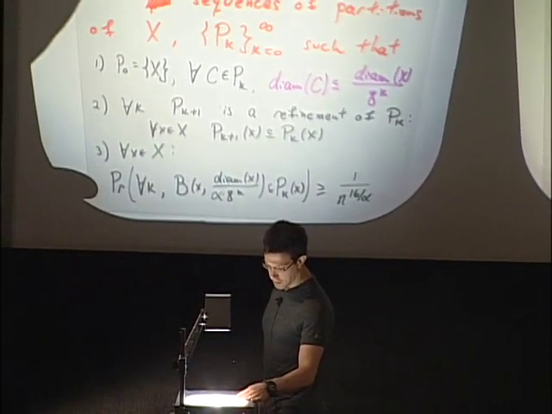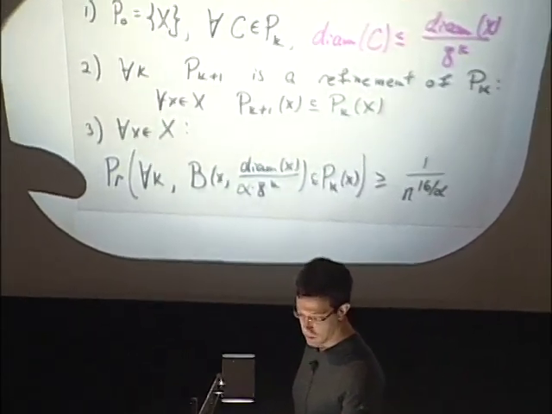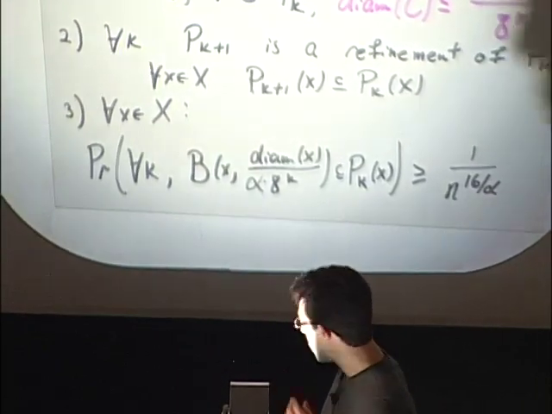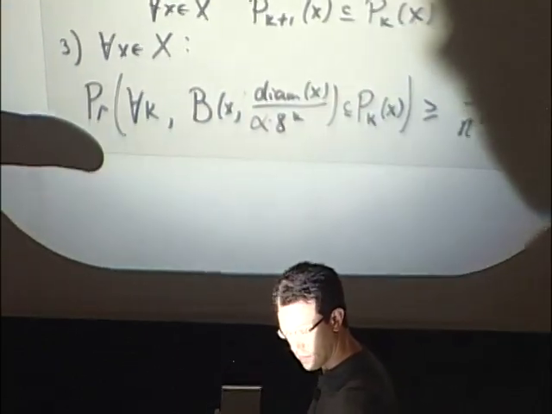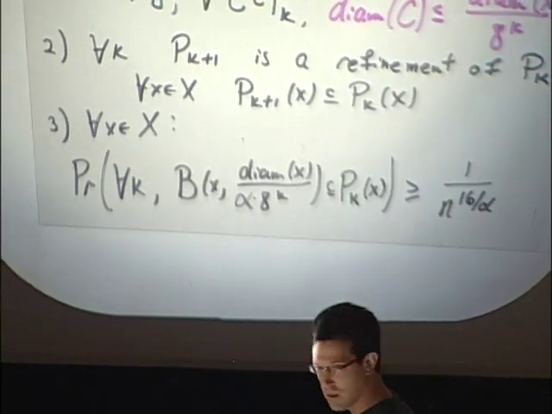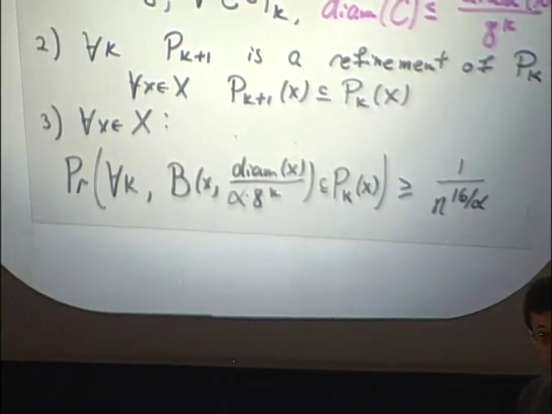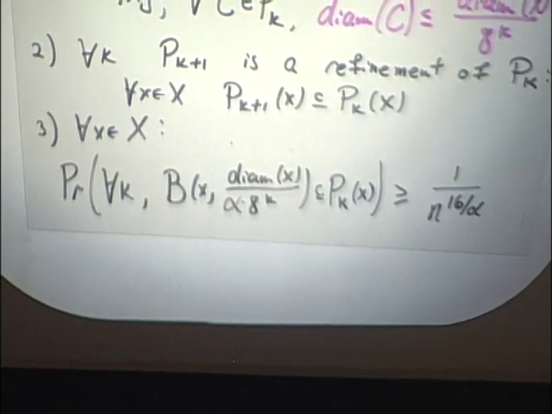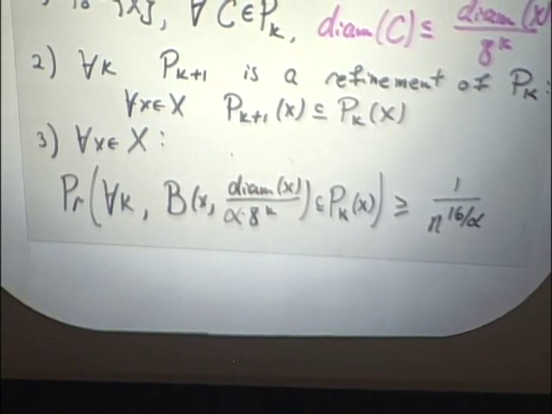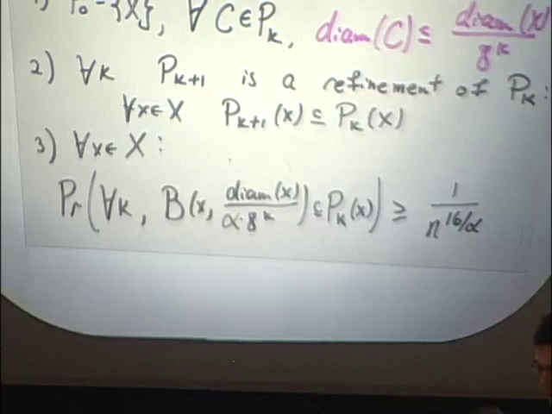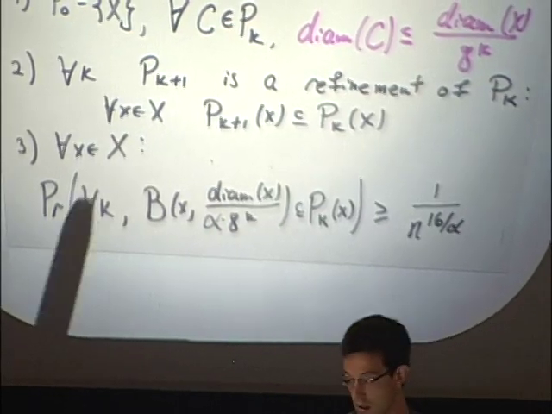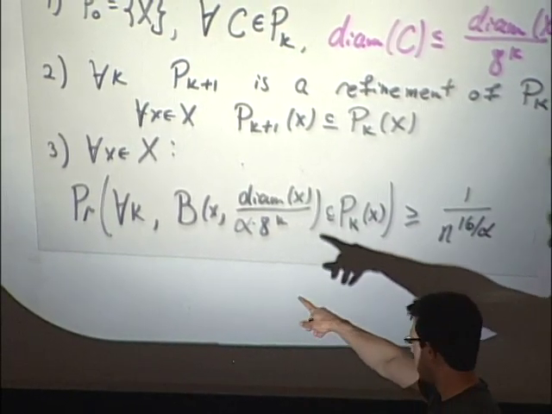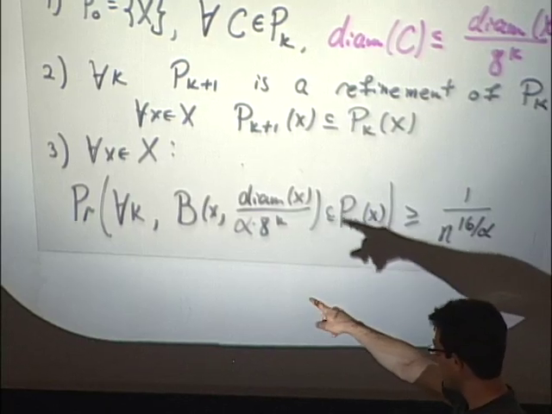And now comes number 3, and that's actually where all the work is. So what does this say? There is this notion of randomness, which depended on the geometry of the space. I'm not telling you where it came from, but you can design it in such a way that if you take a point x in your space, then for every k, look at the following event.